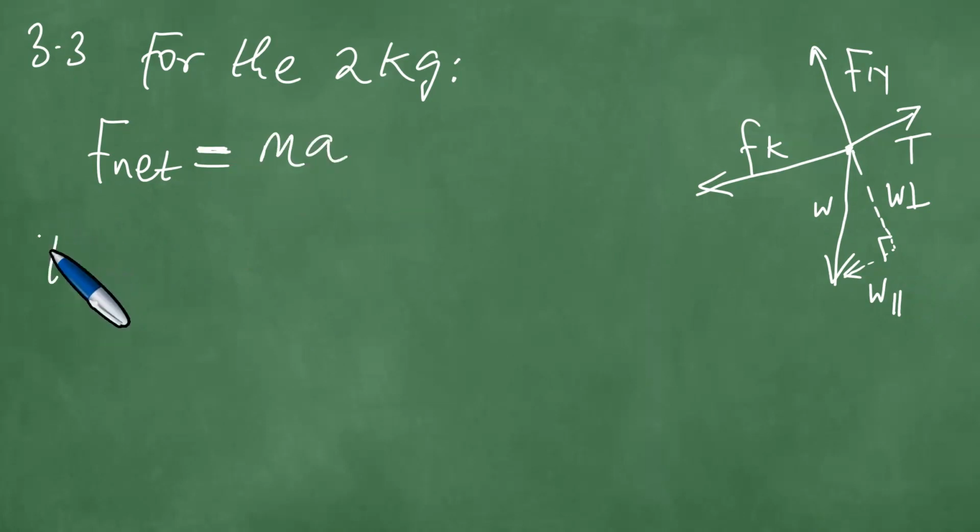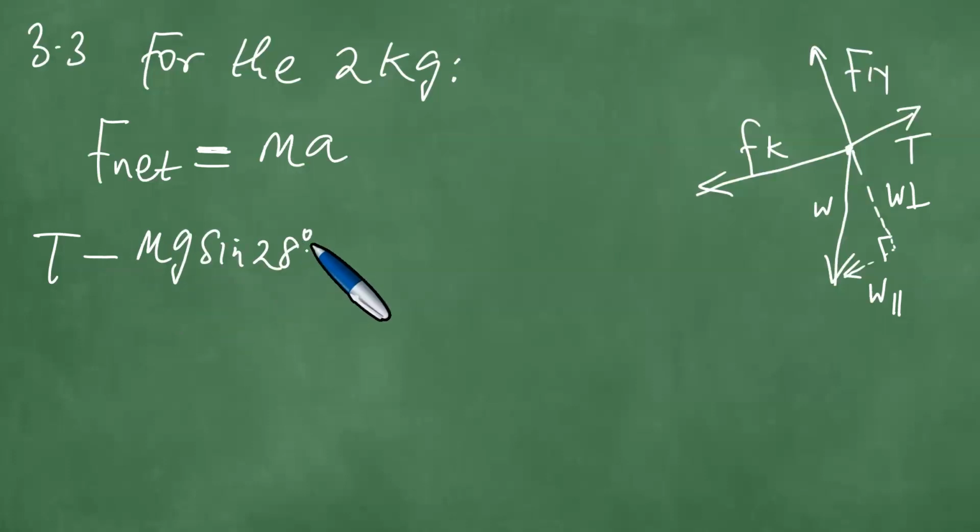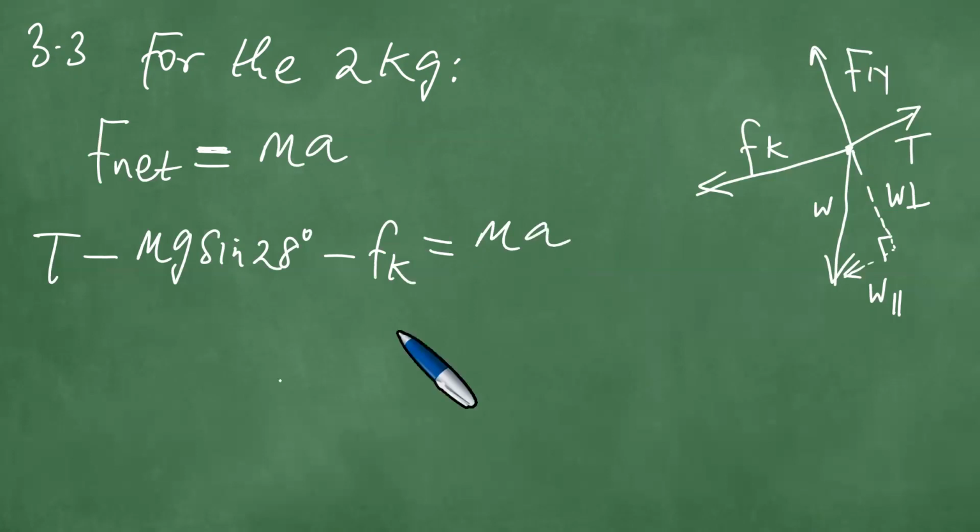Then we have the tension, which is upslope, minus the parallel component, which is exactly mg times the sine of 28 degrees, minus fk, which equals mass times acceleration.